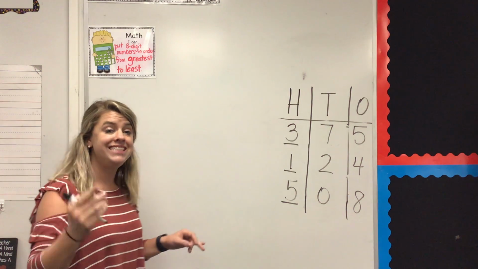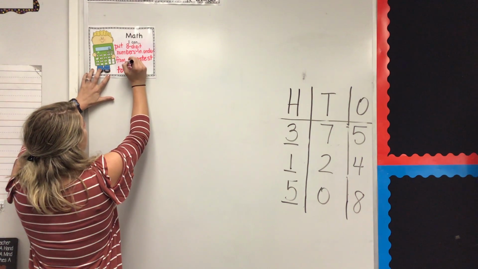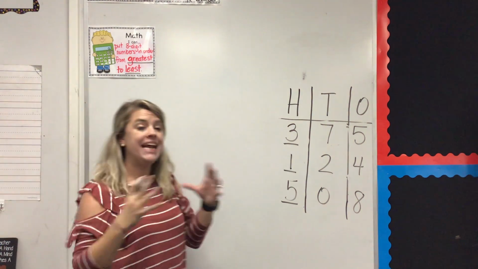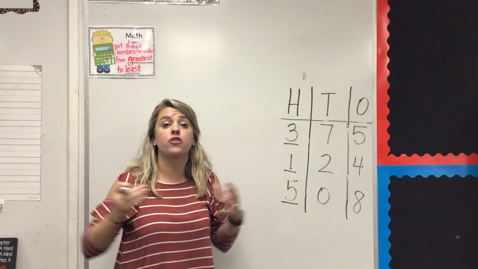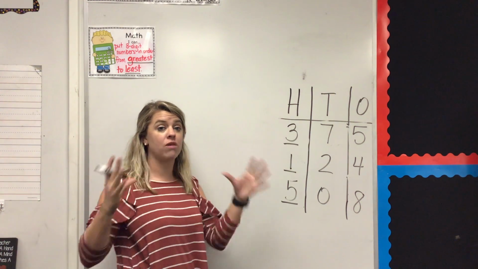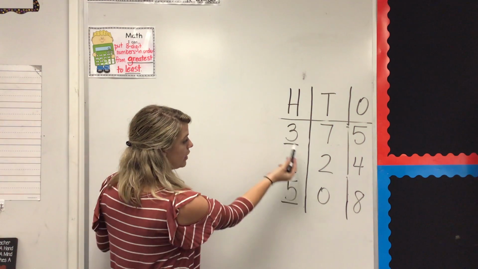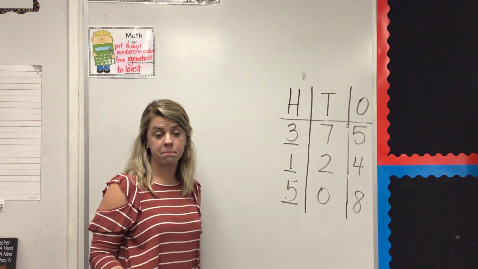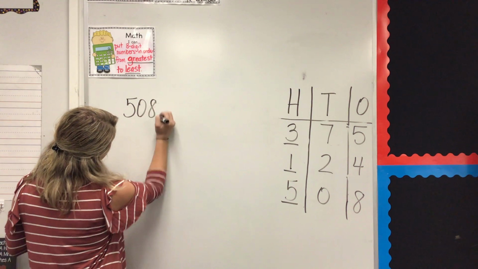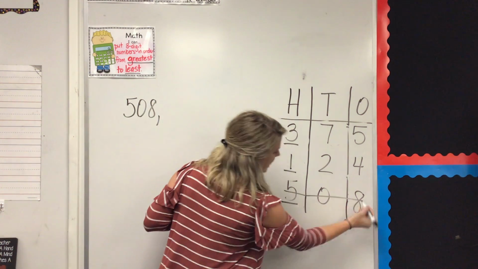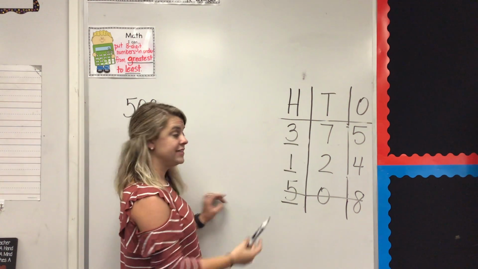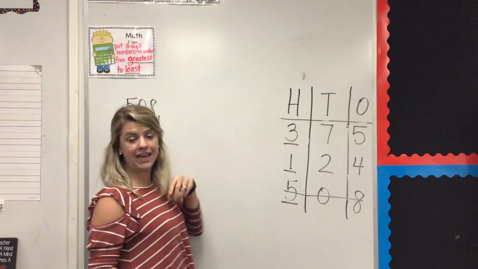Now, today, we are going from greatest to least. Remember, greatest is that second grade vocabulary word for the biggest, right? So we're looking for which one of these numbers is the greatest number of hundreds. 3, 1, or 5? 5. So here we go. Our first number would be written 508. And then I'm finished with that one, right? Okay. Now I have to look at my two that are left. I have 100 or 300.